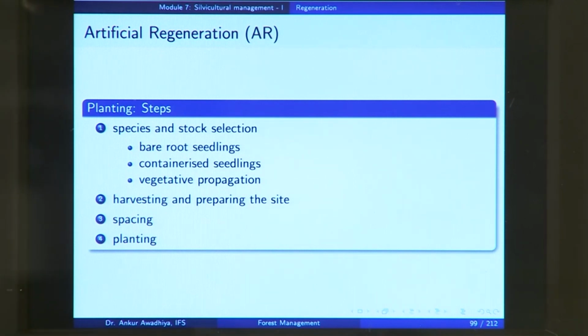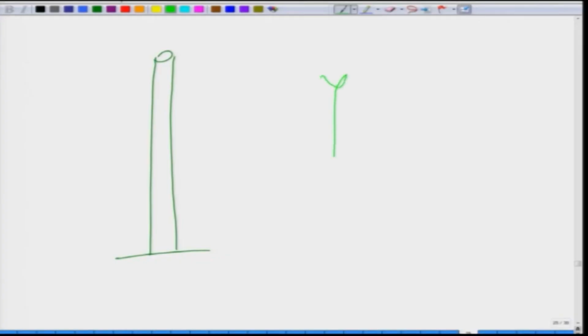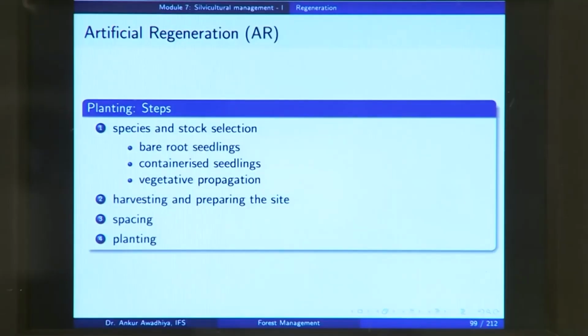You can go with bare root seedlings. Now, in the case of a bare root seedling, you have a seedling in which the root is exposed. You do not have any soil with this seedling. You just take it out from your nursery bed, and then you put it in the planting region. So, this is a bare root seedling, or you can go with containerized seedlings.